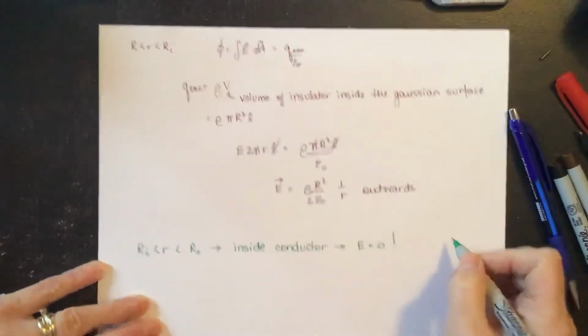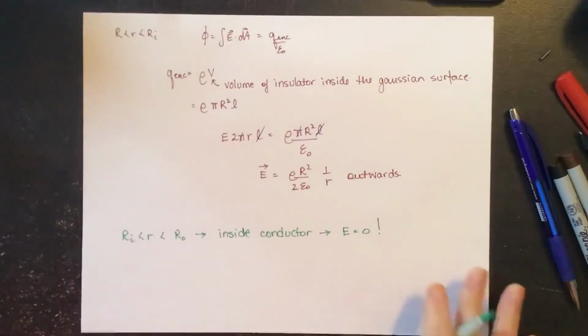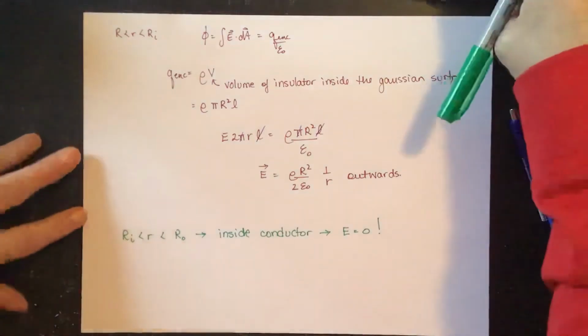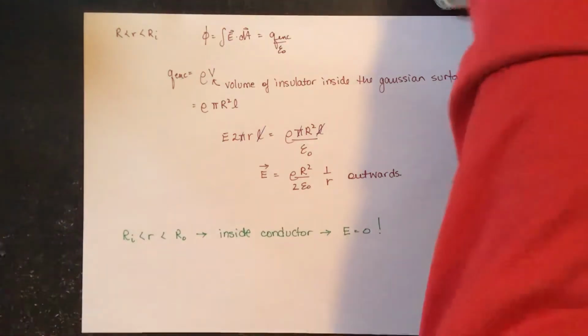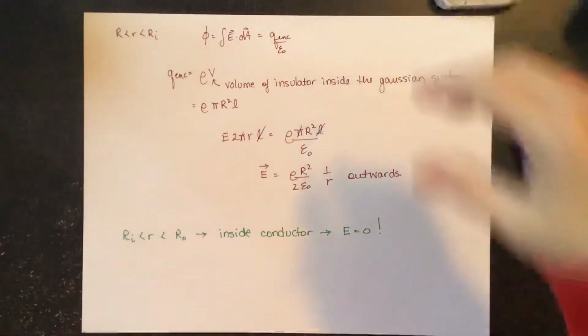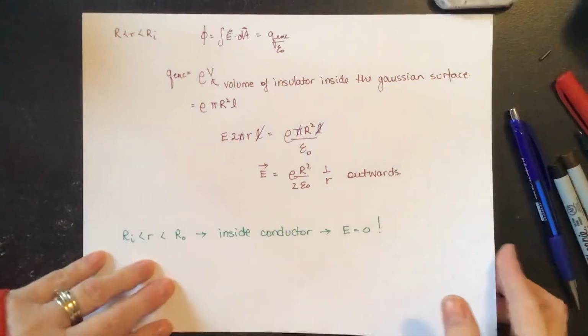Anytime you're in a conductor in electrostatic equilibrium, the electric field has to be 0 because equilibrium means that the charges are not moving, so the acceleration is 0. If the acceleration is 0, then the force is 0. If the force is 0, then the net field has to be 0. So it's okay to just state that result.